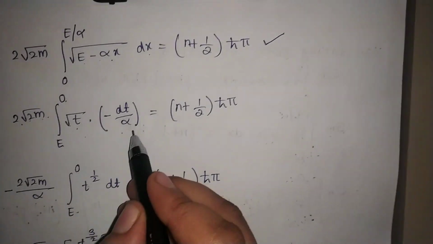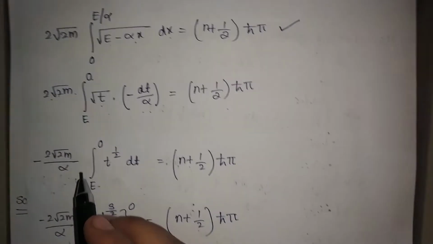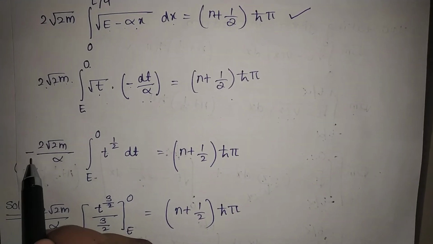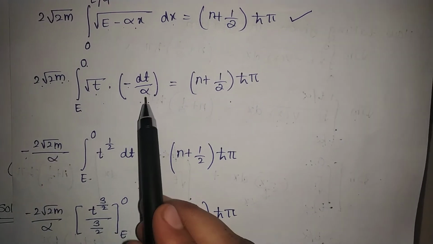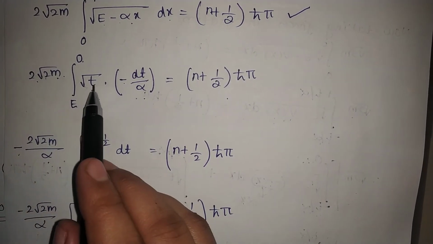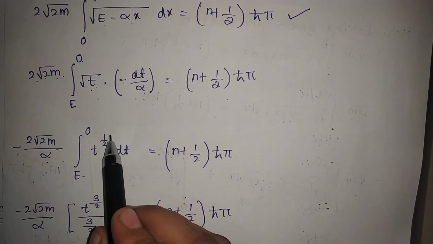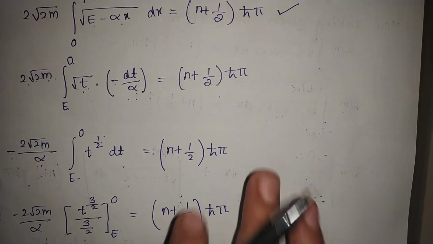So here we put minus dt by alpha and this term as it is. Now this minus we will take outside. Here 2 root over 2m as it is, and alpha we will take outside. This root over t we can write as t raised to half, dt as it is, and the right hand side we will write as it is.